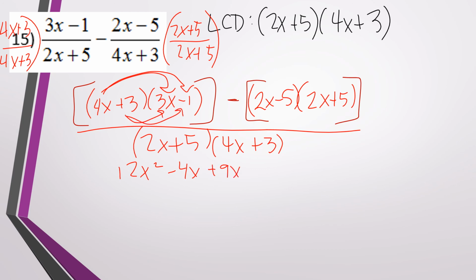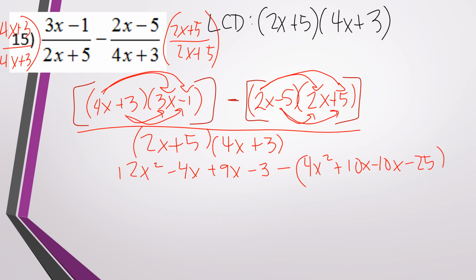And then 3 times negative 1 is negative 3. Then I'm going to have to subtract this whole entire piece here. So 2x times 2x is 4x squared. 2x times 5 is 10x. Negative 5 times 2x is negative 10x. And then negative 5 times 5 is negative 25, all over 2x plus 5 times 4x plus 3.